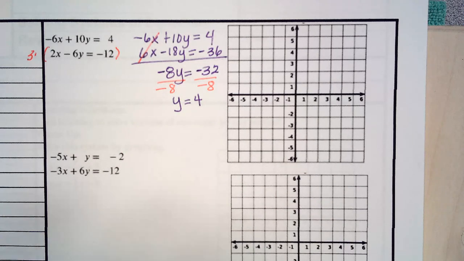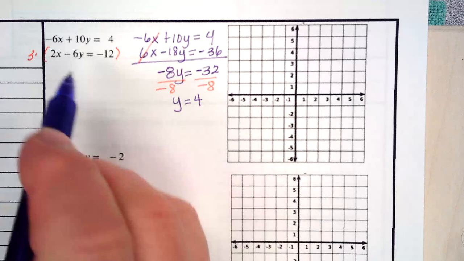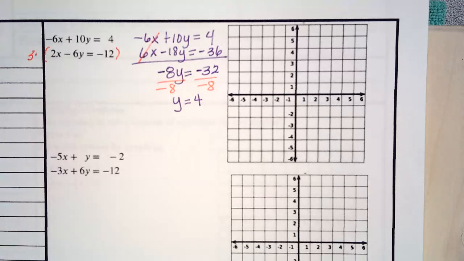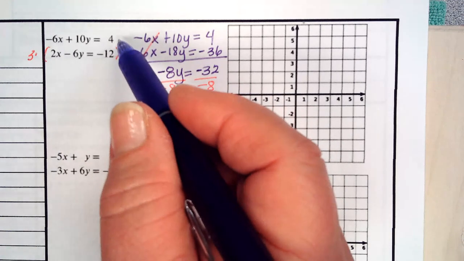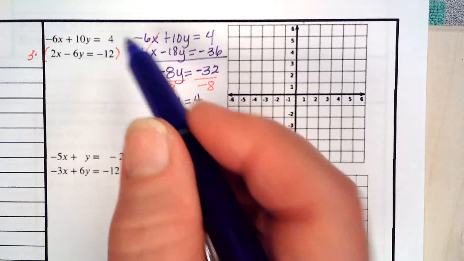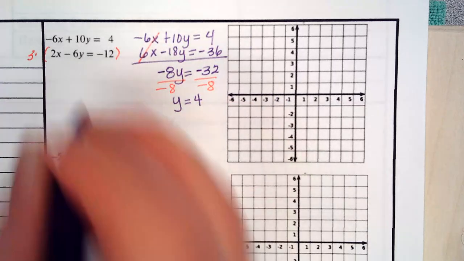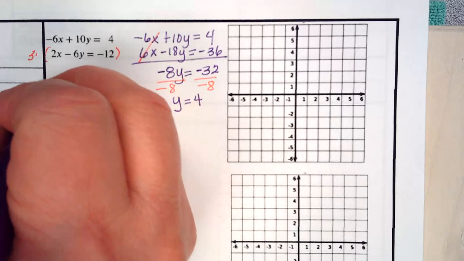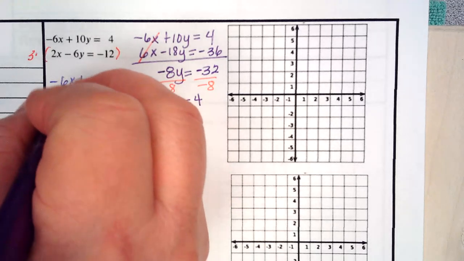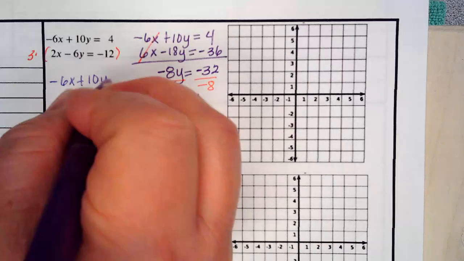So, I found y. It's time to find x. Which one do I want to use? Doesn't really matter. The top one will be not too bad. So I will take negative 6x plus 10y is equal to 4.